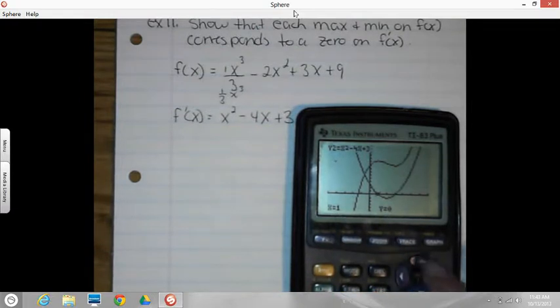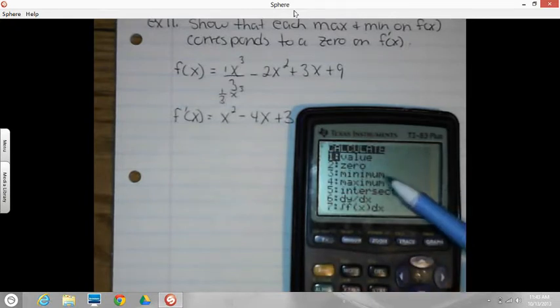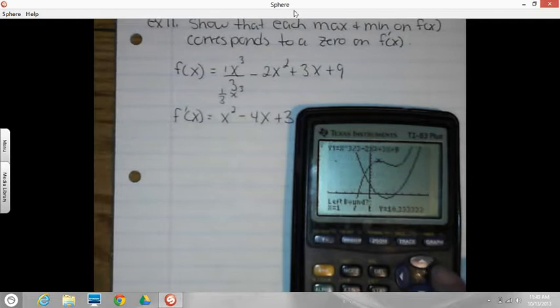Now we'll get back on y1, do the same thing for that min. I want to calculate a minimum. Stay to the left of it. Get to the right. That's happening at about 3. So if I trace 3, jump to the other graph.